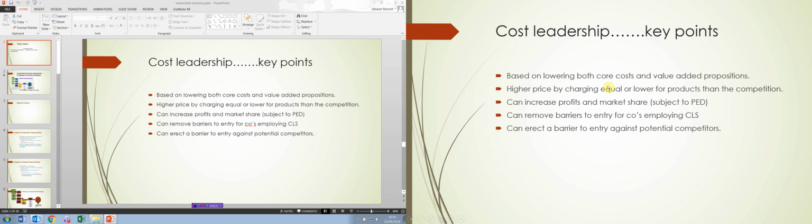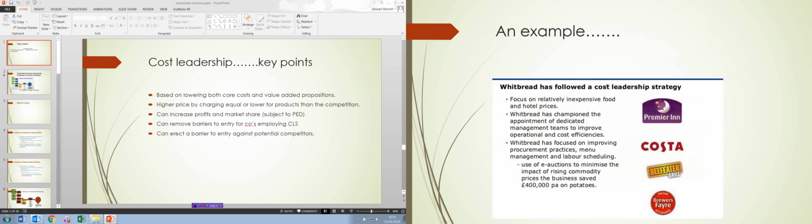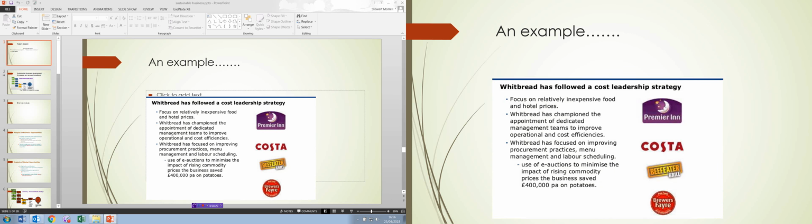So a little bit more detail on Porter's generic strategy, cost leadership, a specific example. You're going to get extra marks if you can give me an example from industry of your own rather than this one. And also you'll possibly get in the question that you need them to be international examples.